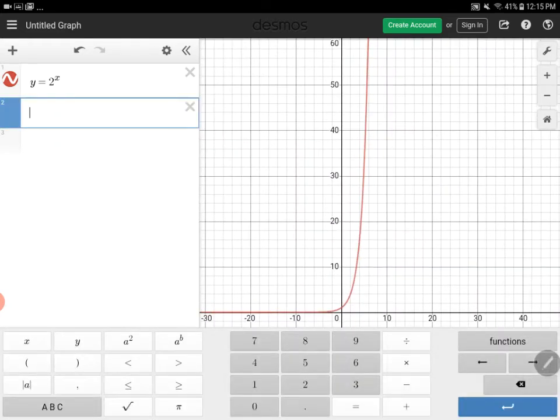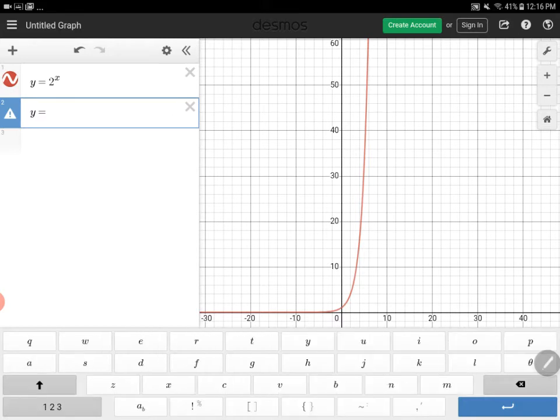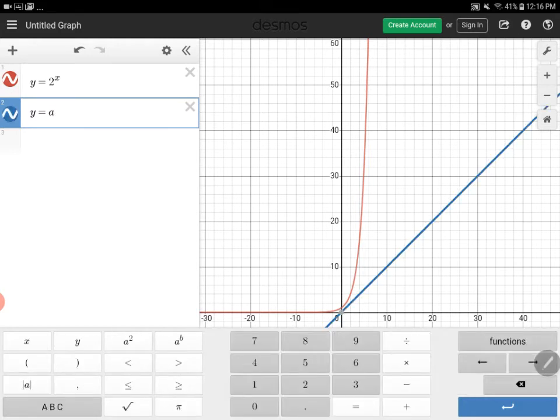So now we're going to play around with this and say y equals, we need to add some letters in here, so our a value, and we'll keep our base as 2 so we have something to compare it to.